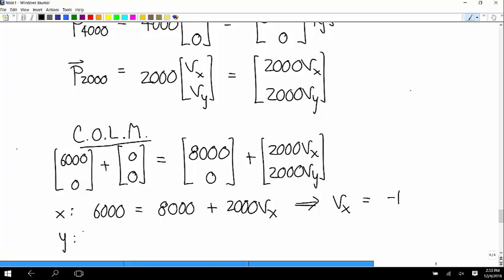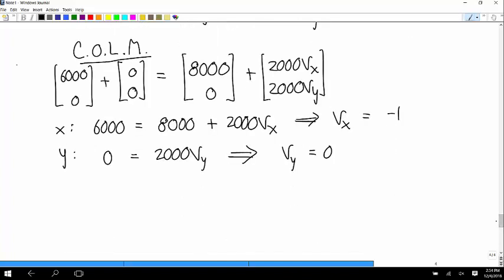The y equation says 0 is equal to 2,000 Vy. So Vy is equal to 0. And so the velocity of the 2,000 kilogram train car after the collision is -1 for the x component, 0 for the y component.